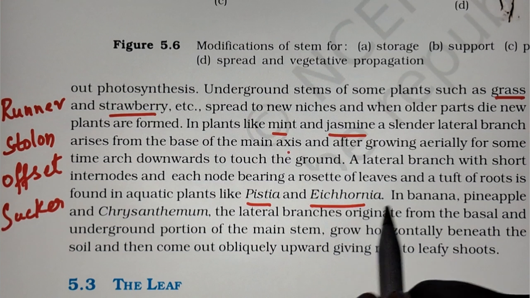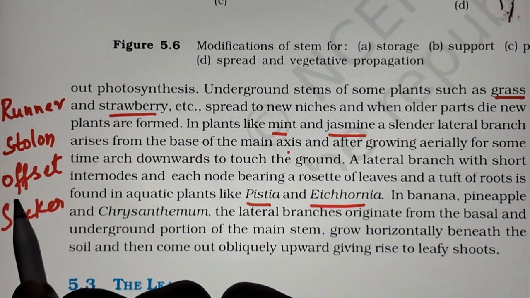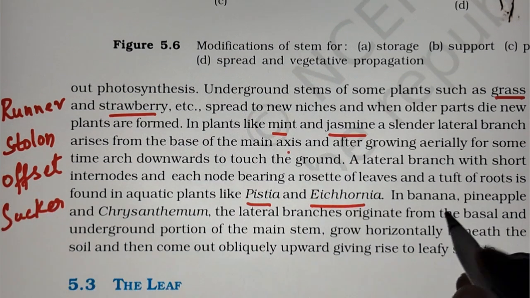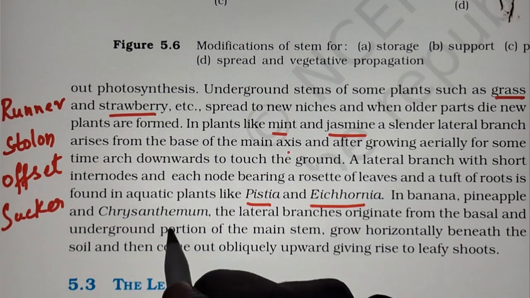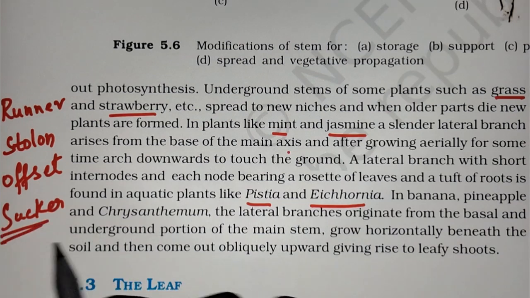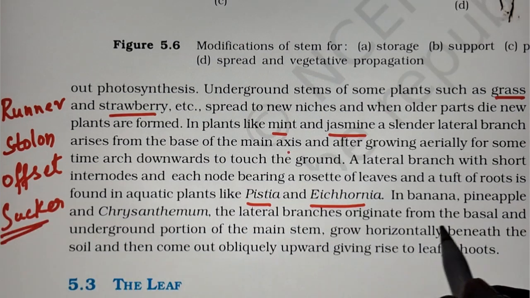Pistia and Eichhornia are examples of offset. Banana, pineapple and chrysanthemum are examples of suckers. It's a lateral branch originating from the basal and underground portion of the main stem, growing horizontally beneath the soil and then coming out obliquely upward, giving rise to a leafy shoot.